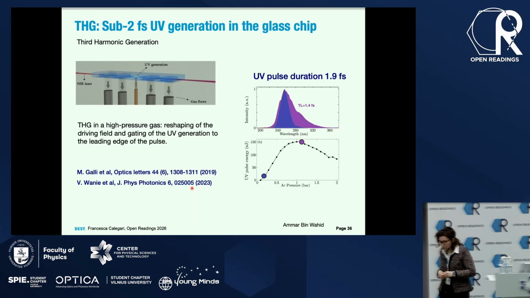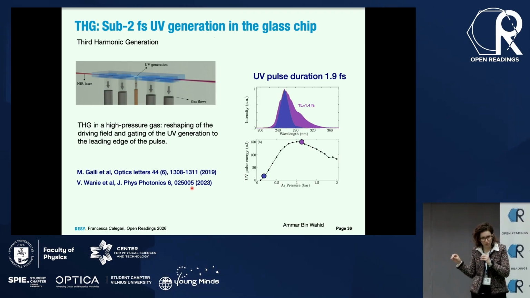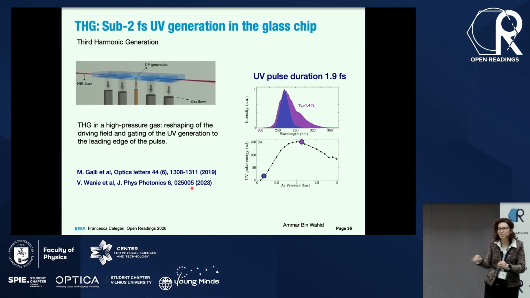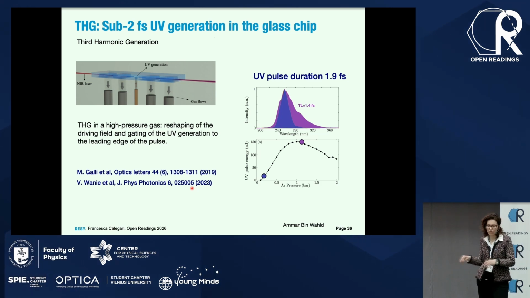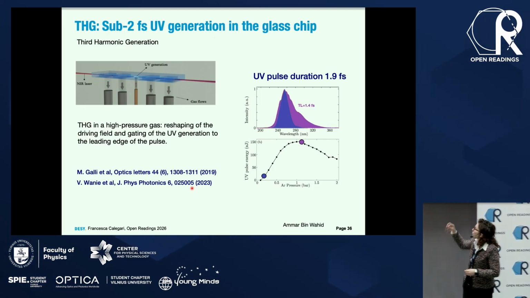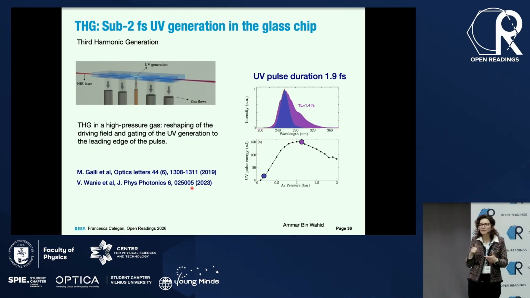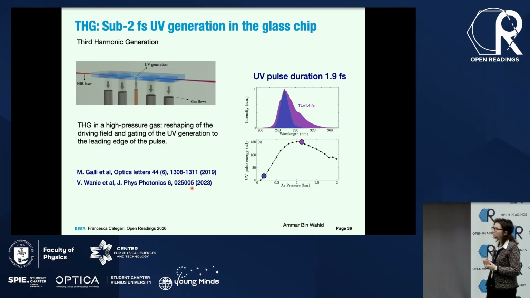The way we produce ultra-short UV pulses is now not the high-order harmonic generation process that I explained, but it's a third-order harmonic generation. So we are now back to the perturbative regime. But we have developed a unique technology which is based on a glass chip. You see it there on the top. It's actually a laser-machined piece of glass in which we create reservoirs.